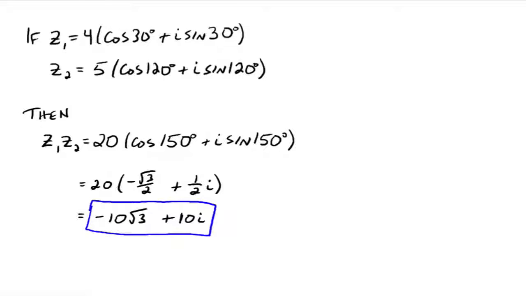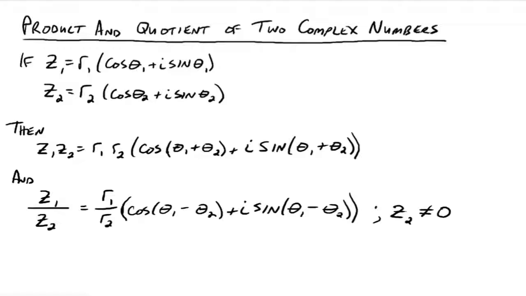All right, so to summarize, we've got the product and the quotient of two complex numbers. Now I'm not going to derive the quotient idea, but you can do that on your own. If z1 is equal to r1 cosine theta 1 plus i sine theta 1, and z2 is equal to r2 cosine theta 2 plus i sine theta 2, then the product z1 times z2 we've already discussed. Now the quotient z1 divided by z2 is kind of similar.